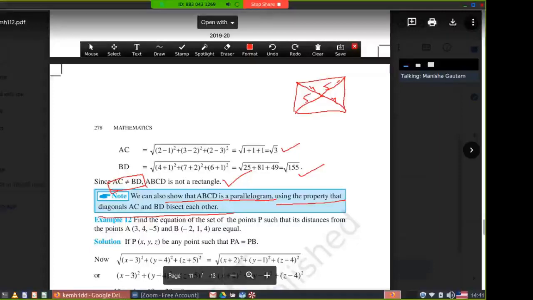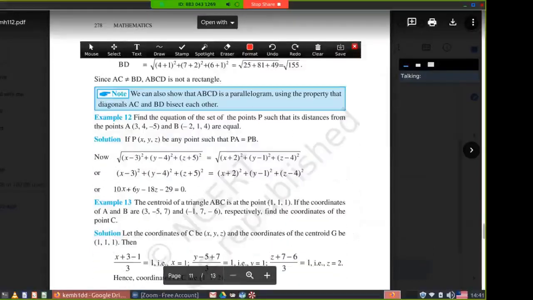In the next example, find the equation of the set of points P such that its distance from the points A and B are equal. Such a type of question we have done in class 10th. But at that time, you just took points and coordinates in two-dimensional geometry. Here we are discussing questions having coordinates in three-dimensional geometry.